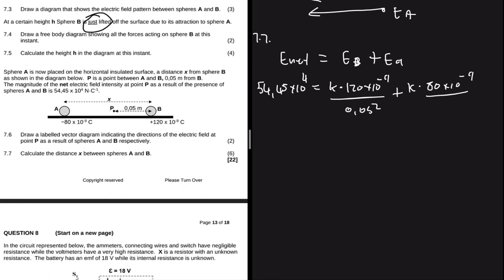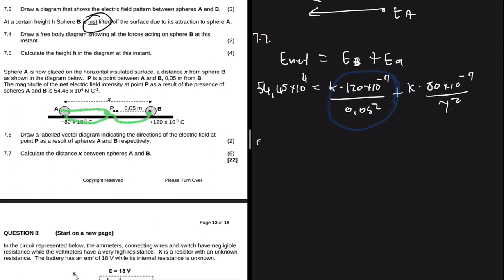So R squared here will be the distance between A and P, right? Let's just put Y there. So let's put Y squared, right? So we are looking for X. You can see that X will be Y plus 0.05, right? So after we found Y, we basically have X. So if we do that, we can take this expression here to the left hand side, right?